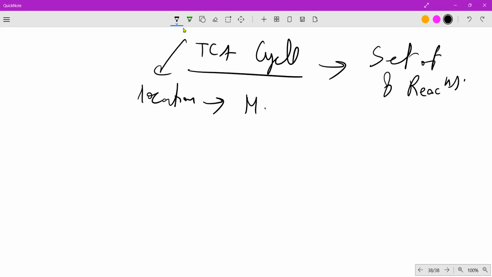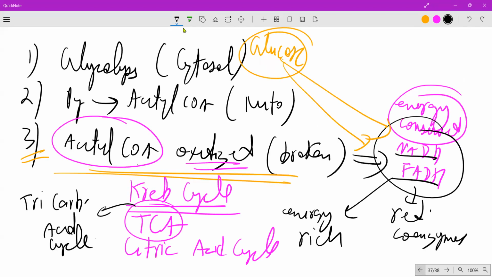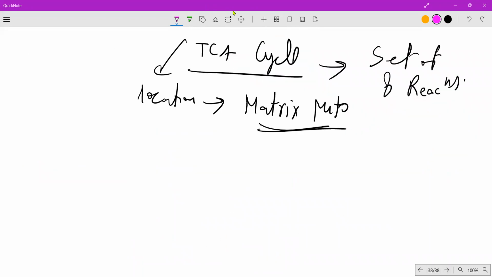Matrix of mitochondria. All the enzymes are found in the matrix of mitochondria. देख रहे हो यहाँ पे लोकेशन, ये ग्लाइकोलिसिस का कहाँ था? साइटोसॉल, माइटोकॉन्ड्रिया, ये देखो. और थर्ड रिएक्शन कहाँ हो रही है हमारी? माइटोकॉन्ड्रिया के अंदर हो रही है, लेकिन कहाँ पे? इट इज इन दी मैट्रिक्स.